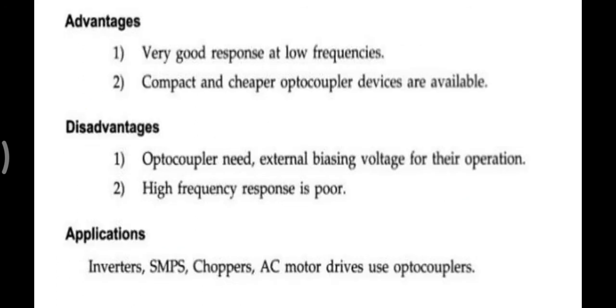That is one of the disadvantages. The second one is that high frequency operation is poor. That means it does not operate well for high frequency response. Even if you operate it at high frequency, it provides a very poor response. These are the disadvantages of the optocoupler.